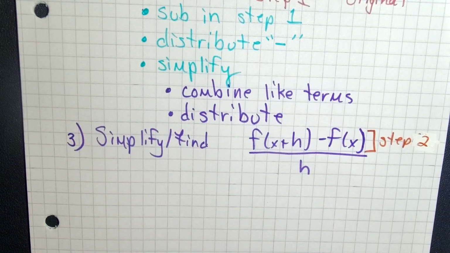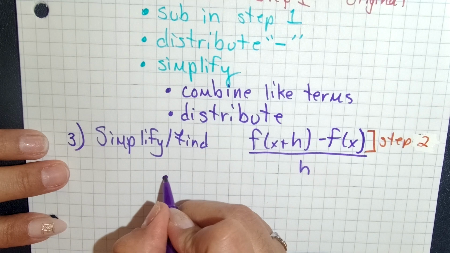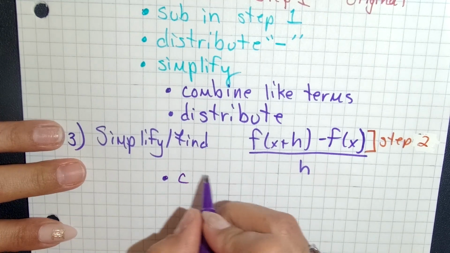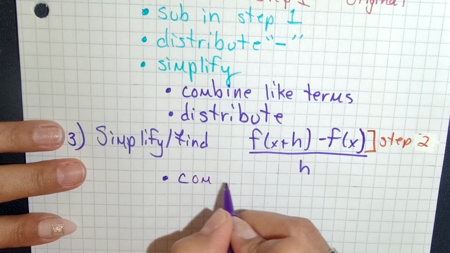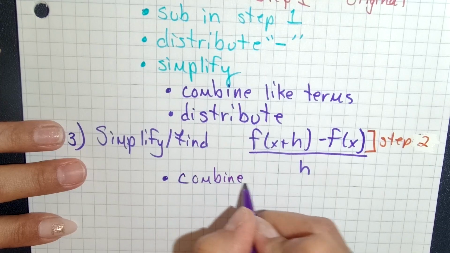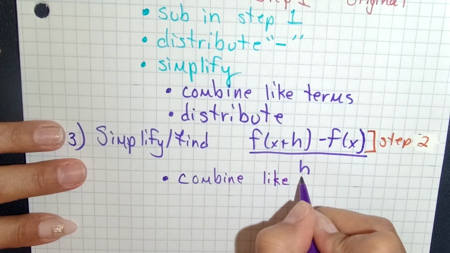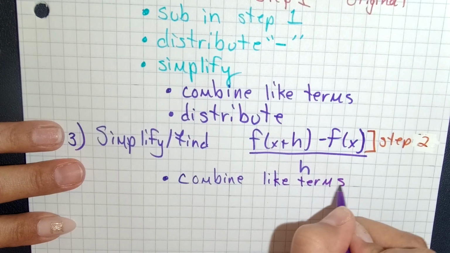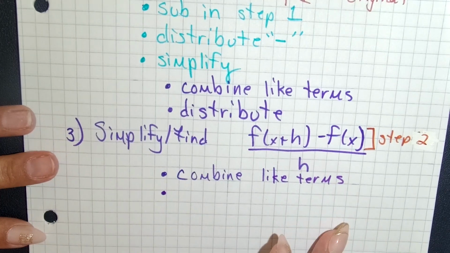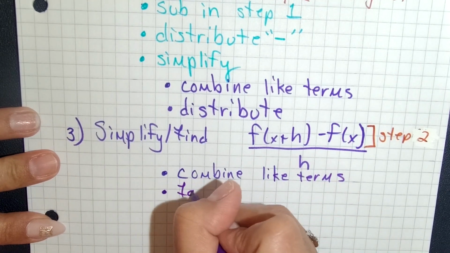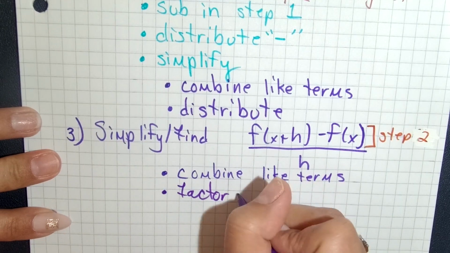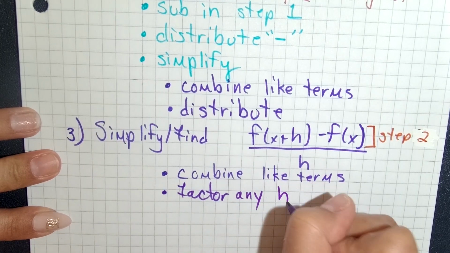Step 2. Now here, again, combine like terms. And one other thing you're going to need to do, you might need to factor an h. Factor any h's.